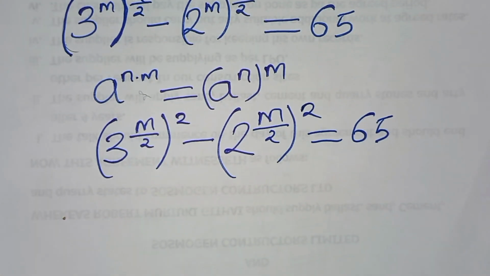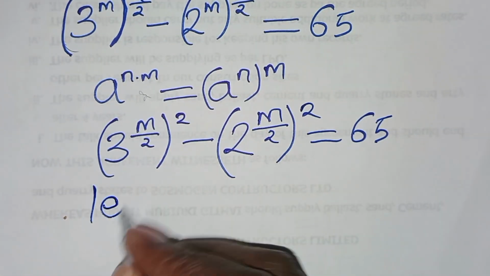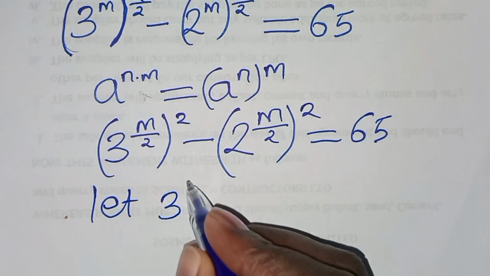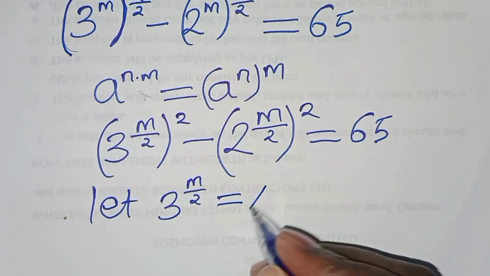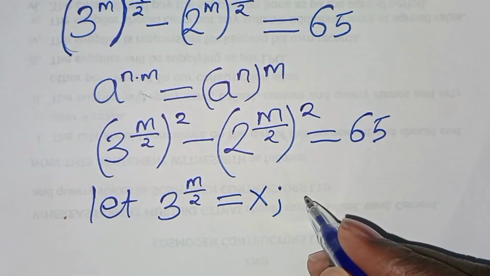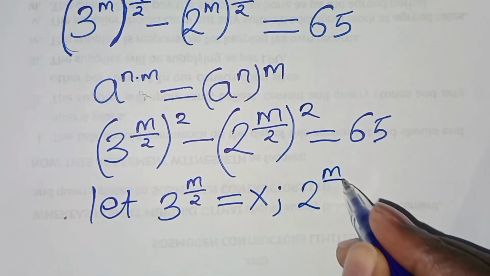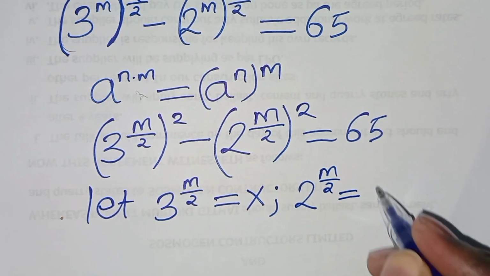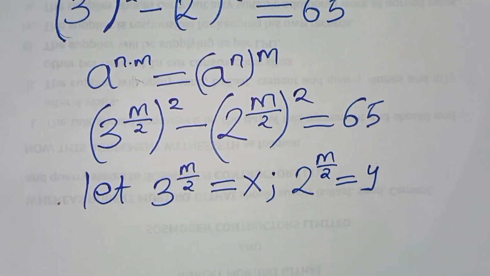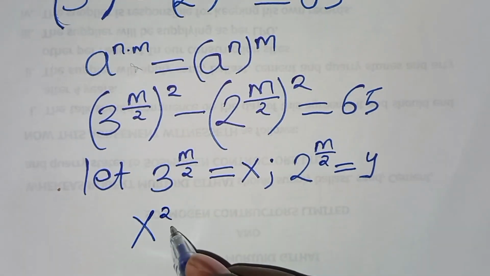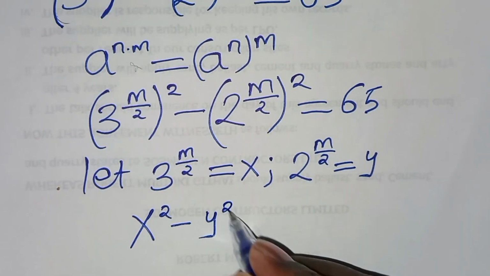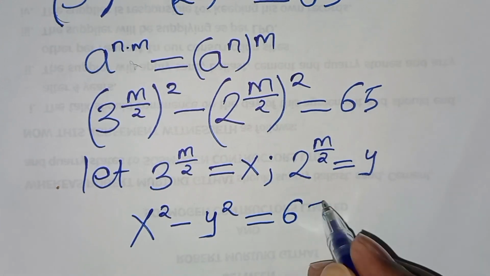Now, the next step from here, we just say let 3 to power m over 2 be given as x, and 2 to power m over 2 be given as y. So therefore from here, we'll have x squared subtract y squared. This is equal to 65.